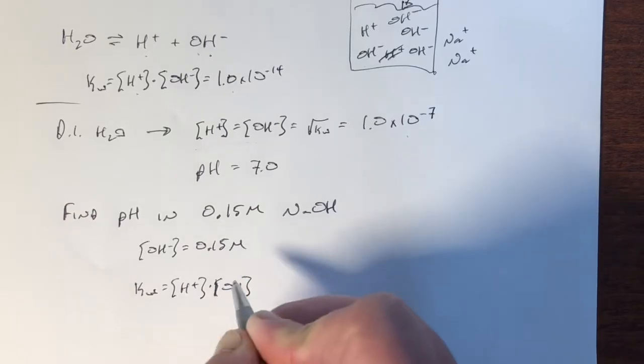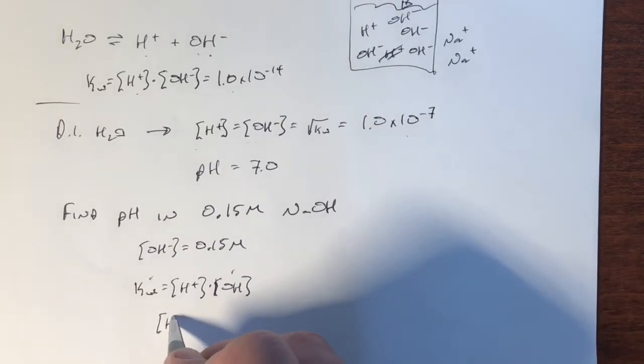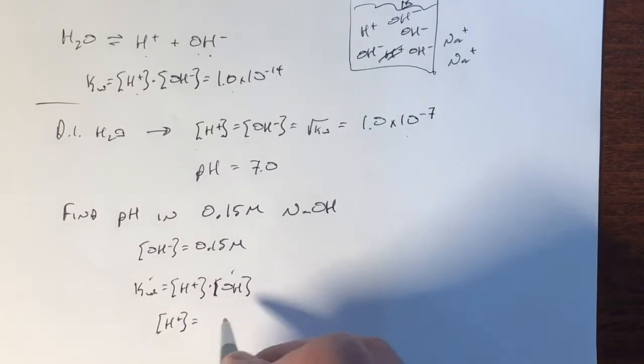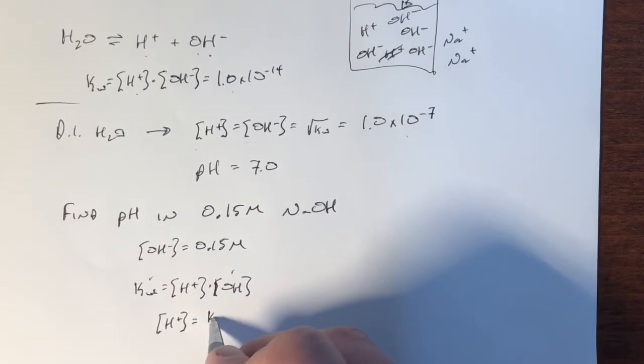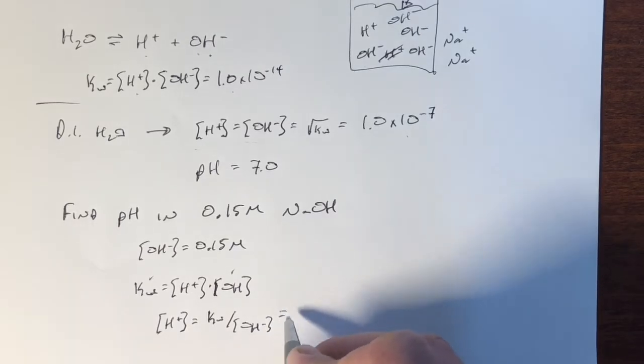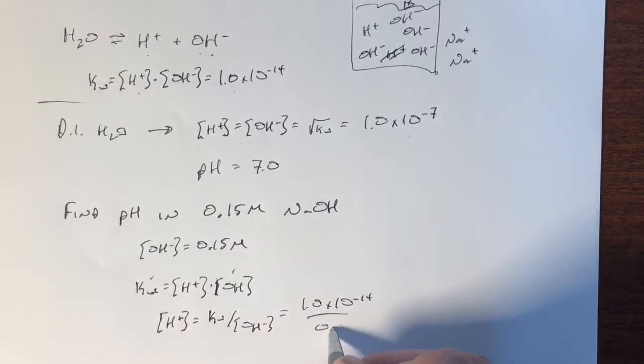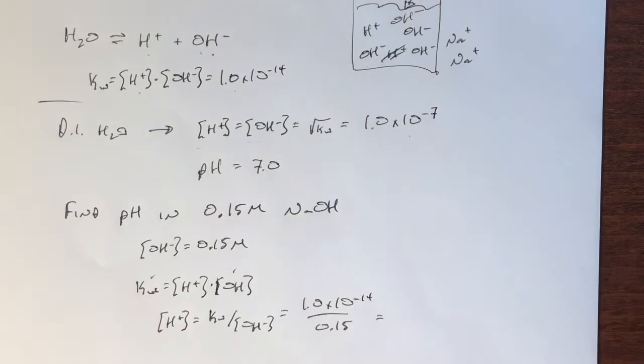And so if I know this one and I know Kw, then I can solve for H+, and H+ is going to be equal to Kw over concentration hydroxide. So in this example, that's going to be 1 times 10 to the minus 14 divided by 0.15, which numerically is equal to 6.67 times 10 to the minus 14.